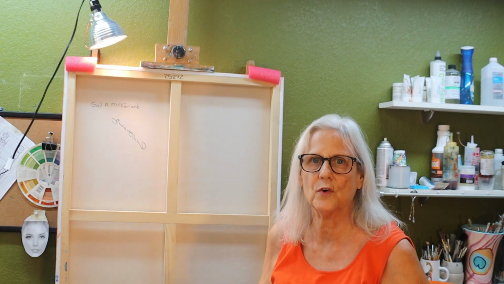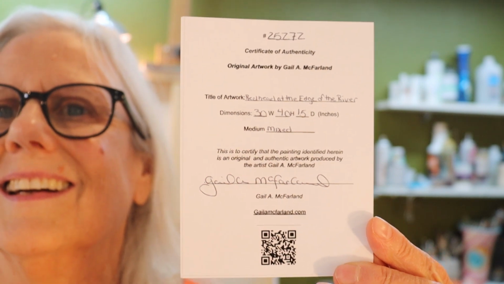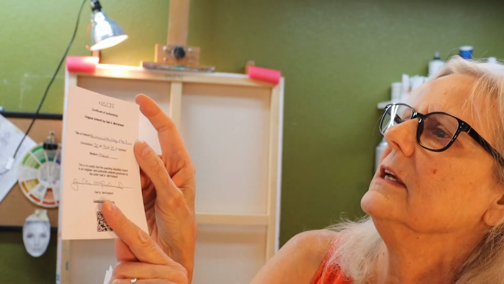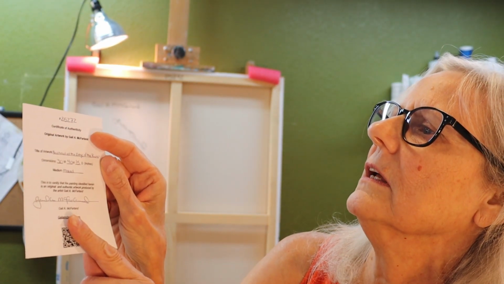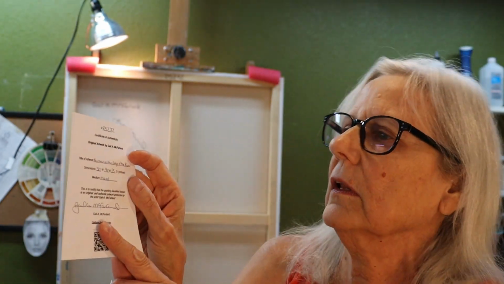Then the next thing I do is I fill out this form. Let's see if you can see this. If you'd like to see this form, just email me and I will send you a copy. So what's on it is the inventory number, and it says underneath it, Certificate of Authenticity, original artwork by Gail A. McFarland.